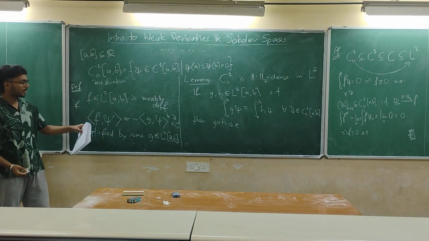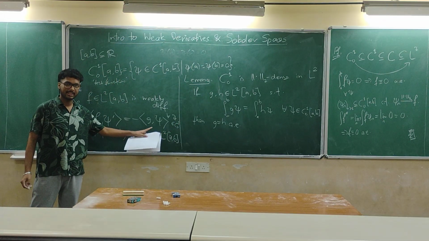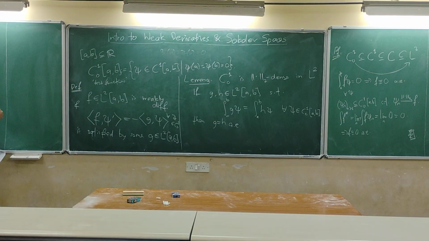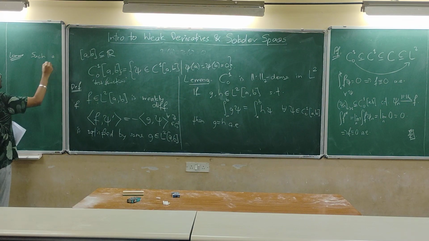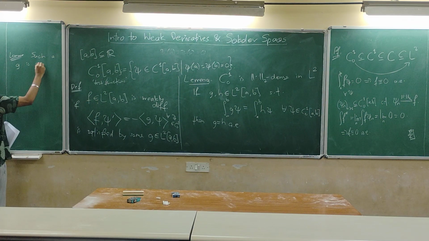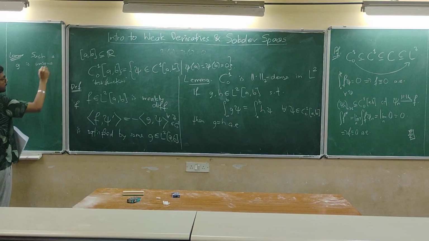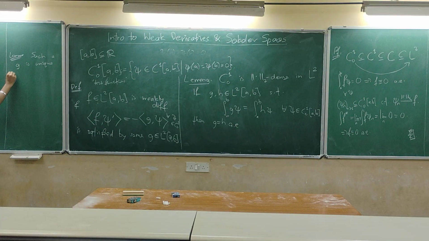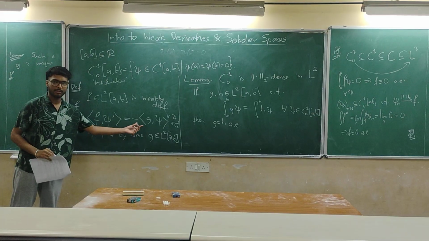And using that lemma, one can show that if there exists a g, this g must be unique. I'll write a small lemma. Such a g is unique. The proof again is very simple. In this case, g is the weak derivative of f.